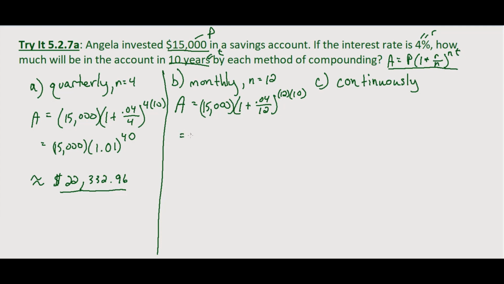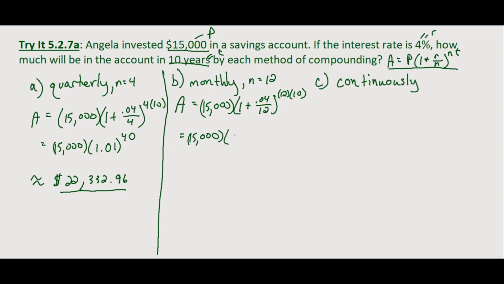So that equals 15,000 times 1 plus 0.04 divided by 12, which is 1/30th. Or if we look at it in terms of a decimal, we would end up with a repeating decimal, 0.00333333 infinitely. So I'm going to keep it exact at 1/30th, so I don't have to use that decimal approximation.